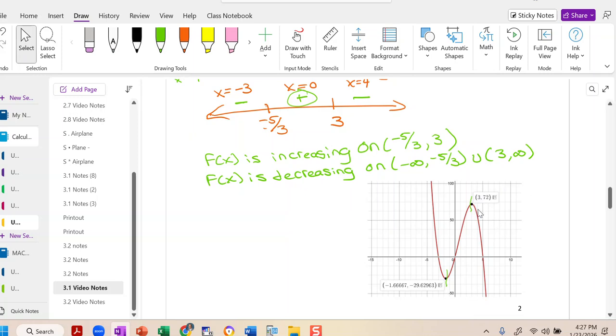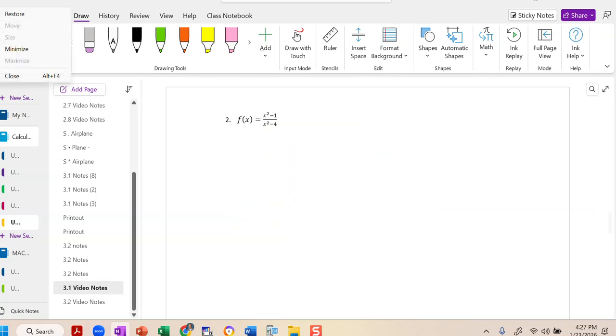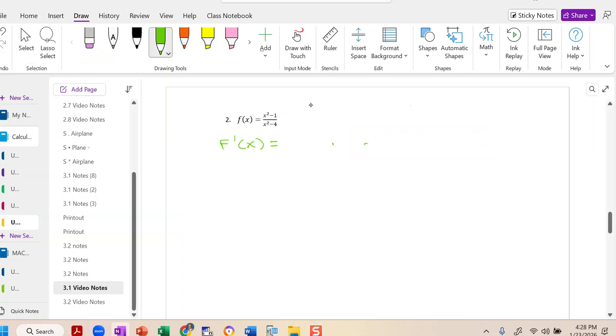All right, next one. To take the derivative of this, you have to do the quotient rule. Remember the quotient rule: if u is the numerator and v is the denominator, this is u and that's v.